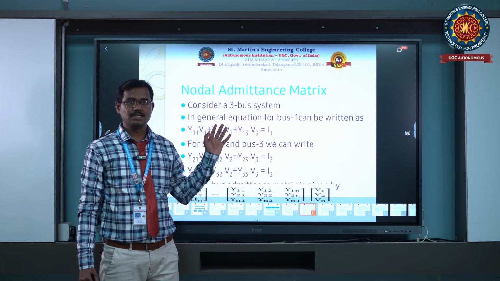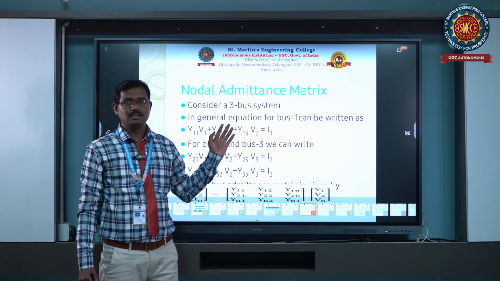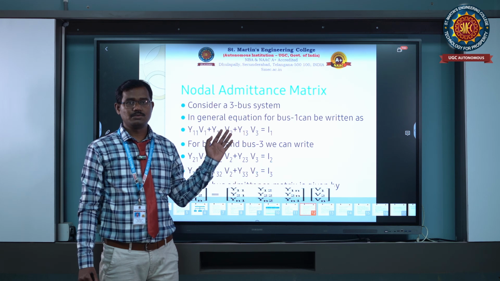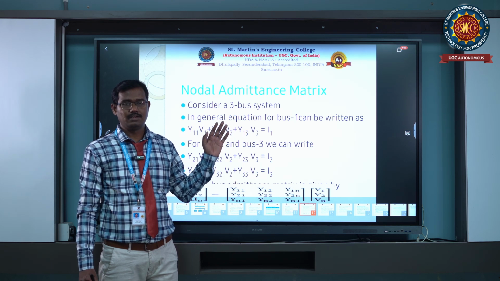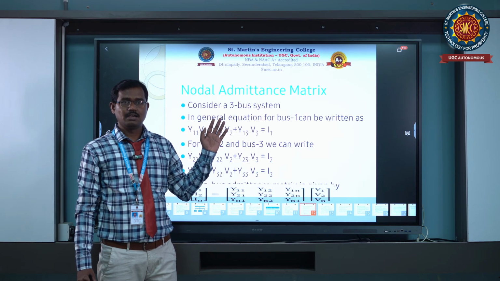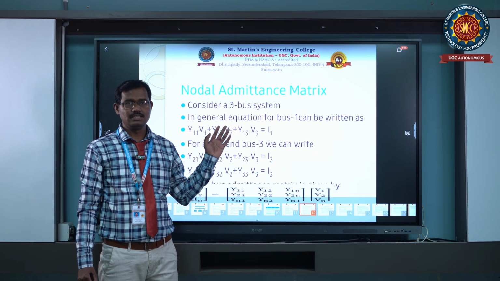This is the attachment of your 3 bus system. Then we can take the admittances at bus 1 to 2, bus 2 to 3, and bus 3 to 1. Like that we can derive the equations for every bus in the system.